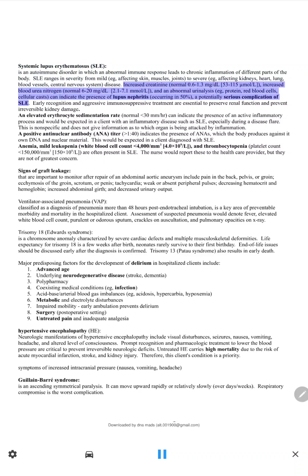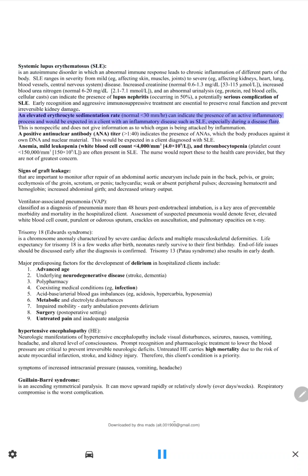Increased creatinine, normal 0.6 to 1.3 mg per deciliter, increased blood urea nitrogen, normal 6 to 20 mg per deciliter, and an abnormal urinalysis, e.g., protein, red blood cells, cellular casts, can indicate the presence of lupus nephritis, occurring in 50%, a potentially serious complication of SLE. Early recognition and aggressive immunosuppressive treatment are essential to preserve renal function and prevent irreversible kidney damage.